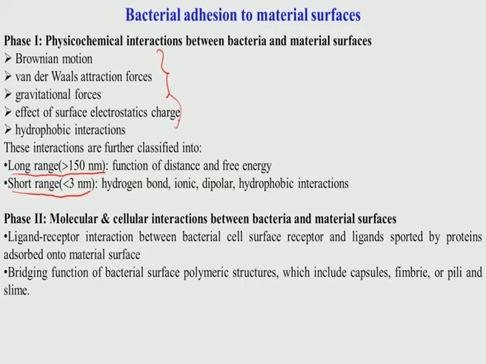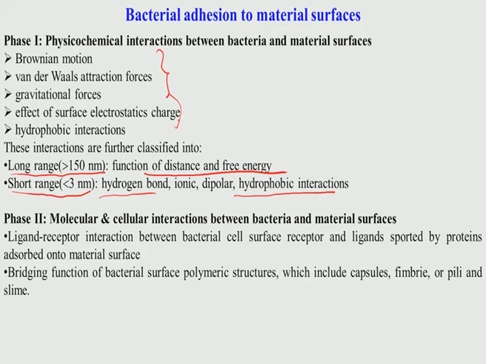Short range essentially means within a few nanometers from the material substrate; these interactions are facilitated by dipolar and hydrophobic interactions as well as weak hydrogen bonds. But the long range interaction, which takes place more than 150 nanometers away, is a function of distance and free energy.